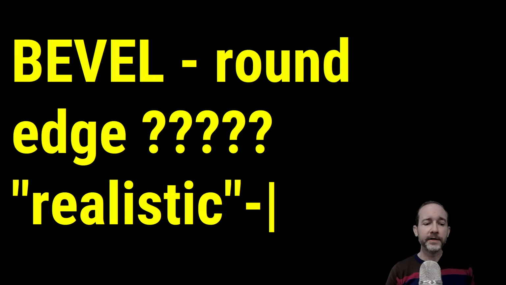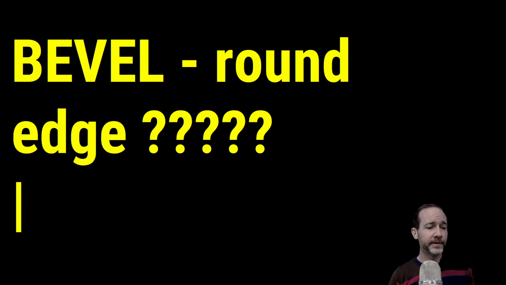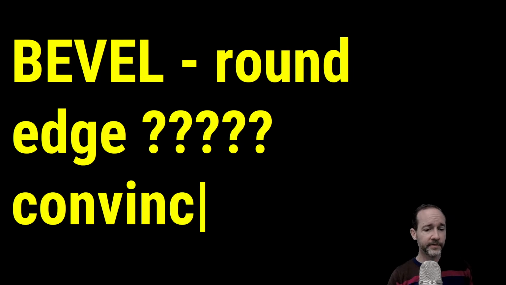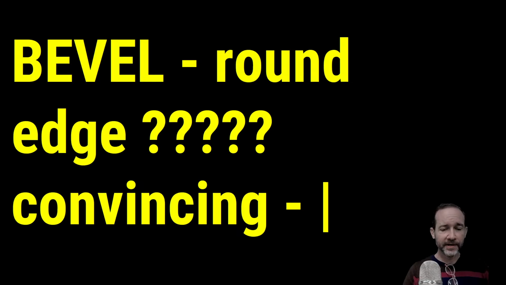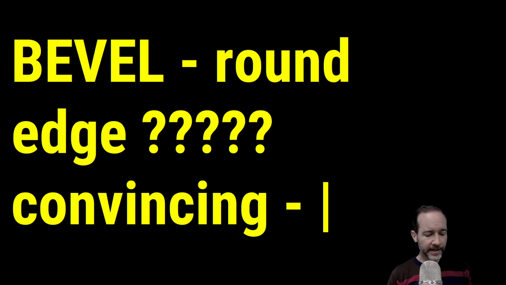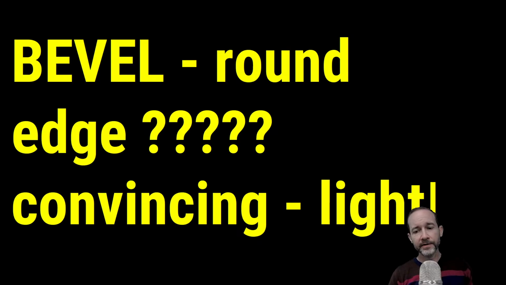But the better term here is, I think, convincing, in that we don't need to be aimed directly at hyper-realism all the time. In fact, there's absolutely no mandate for that here. With that in mind, having rounded edges helps make things look more convincing, because that'll allow them to interact with the light in a more convincing way.